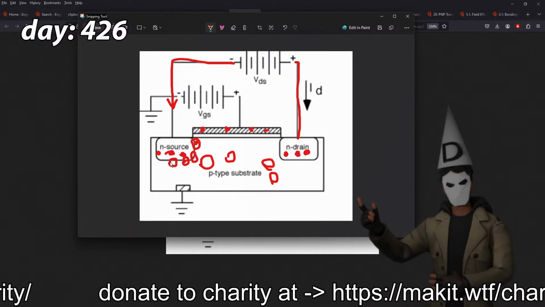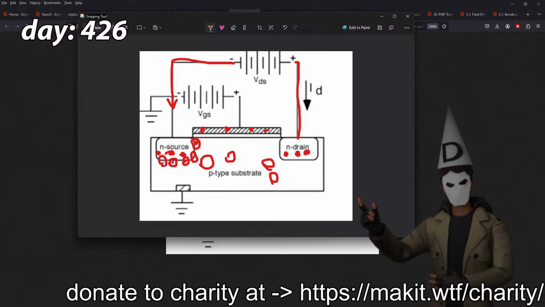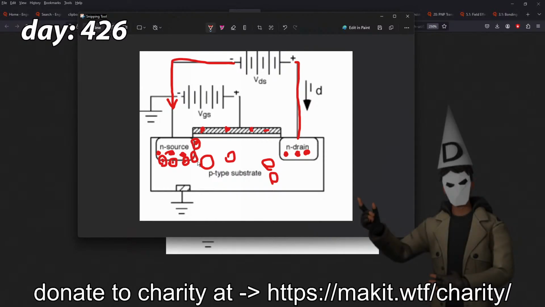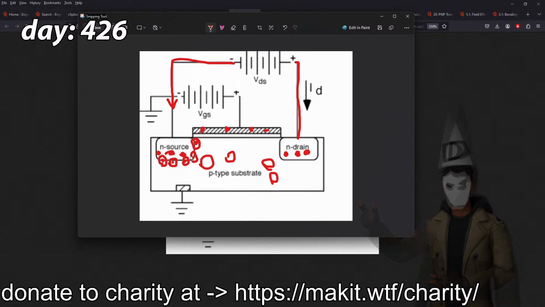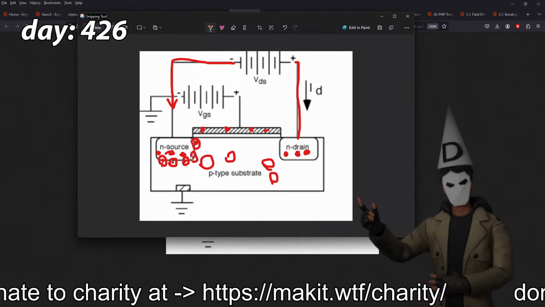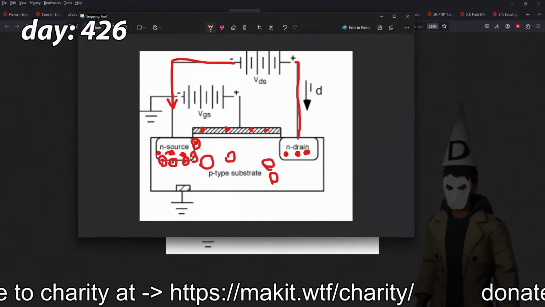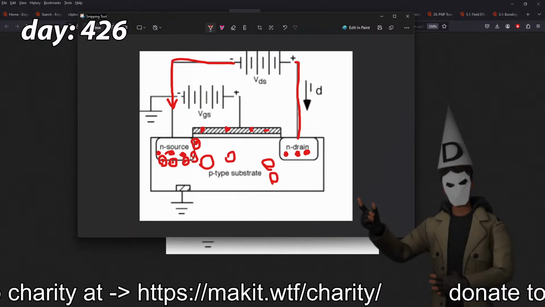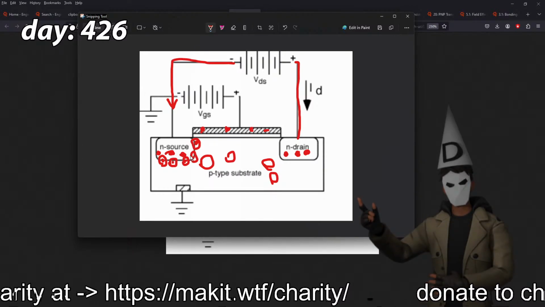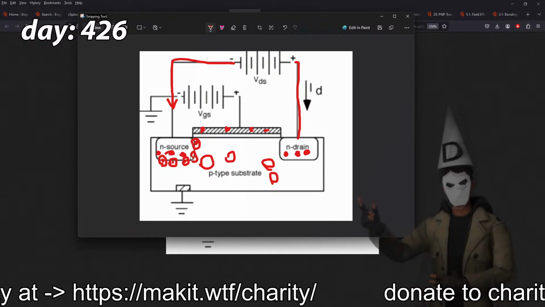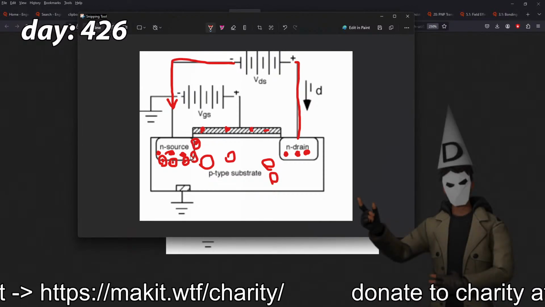So fills, holes, filled in holes. And so it can't pass through because the electrons have no holes. They need holes. They don't need fills, or filled in holes.